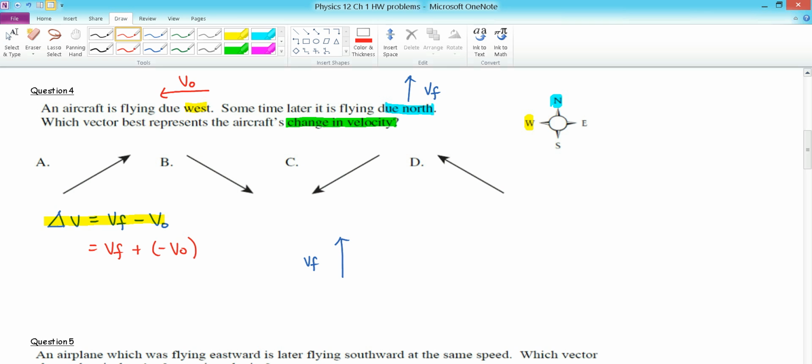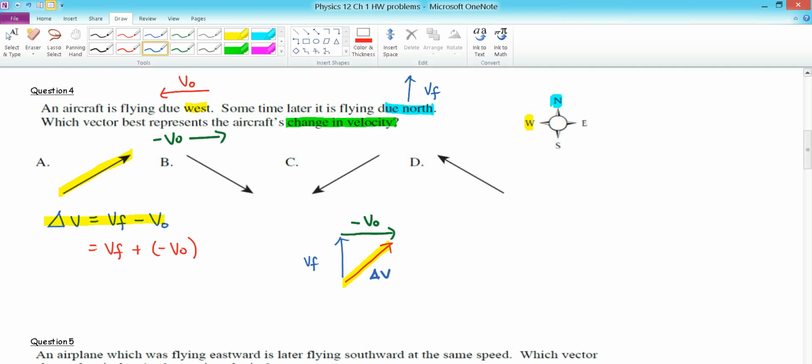All right, so if I'm flying due west, that means negative V naught would actually mean the opposite of west, so that means I'm flying east. So I'm going to add that to my final vector. So this is my vector in the opposite direction, and if I add those two vectors together, I get a resultant vector going in the northeast direction. So the correct answer here would probably be A. This is considered your change in velocity.